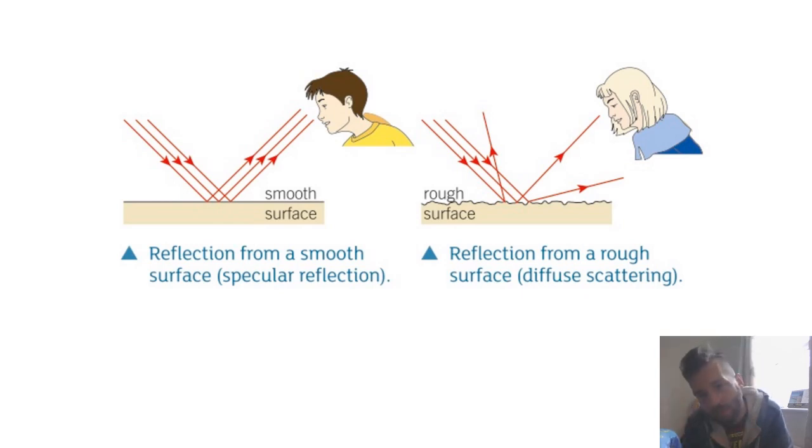Now you take that same ball and you take it to some ground that's really rough and really bumpy and really rocky, stuff like that. You throw that ball, you throw that ray of light, you throw that packet of light, you throw that photon, you throw that down onto the bumpy, rocky floor. It could go anywhere. You have no idea where it's going to go because it's going to scatter. Because reflection from a rough surface results in diffuse scattering. That's what happens, right?